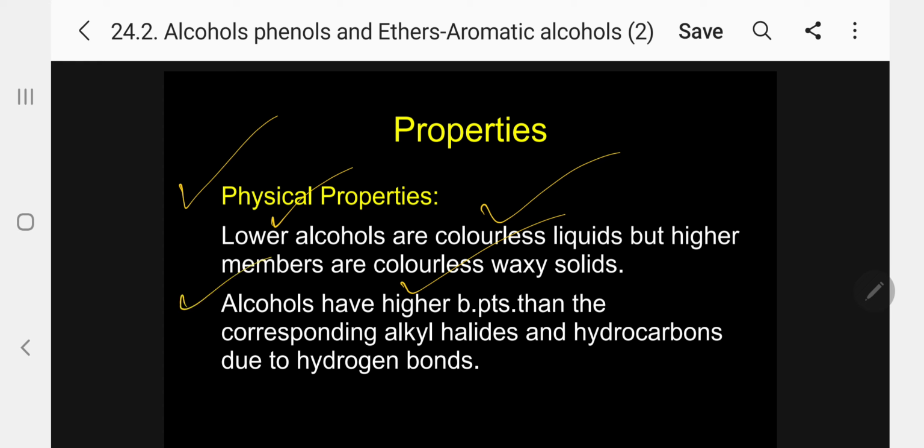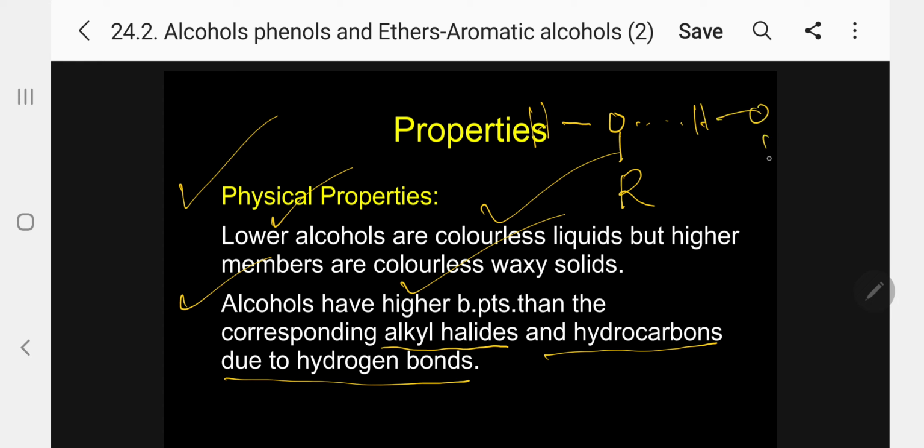Alcohols have higher boiling point than the corresponding alkyl halides and hydrocarbons due to hydrogen bonding. So how can we write the alcohol? Kindly follow. I can write, just see here, O H dot dot dot H O R. This is the intermolecular hydrogen bonding, and R can be any group, methyl group, ethyl group, anything.